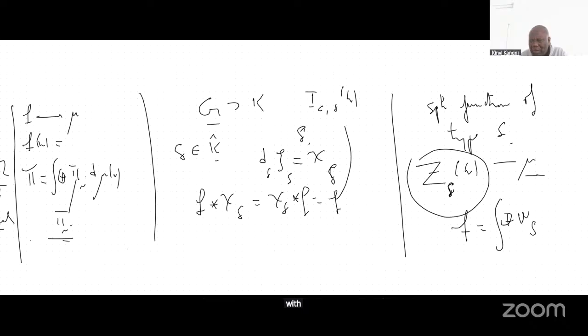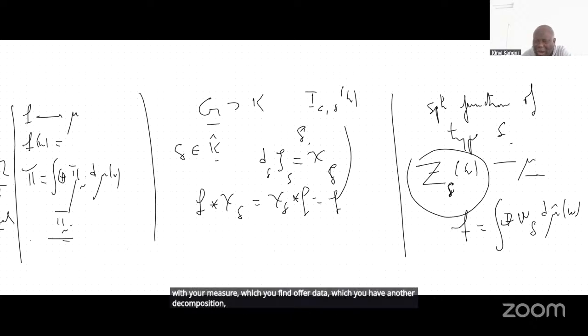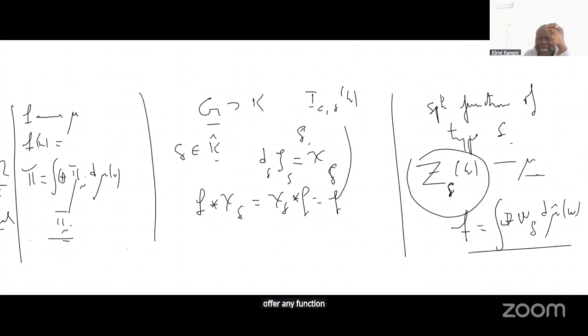So you have another decomposition of any function which is not necessarily bi-invariant, just a K-delta invariant function. So let's go to the screen now and explain more.